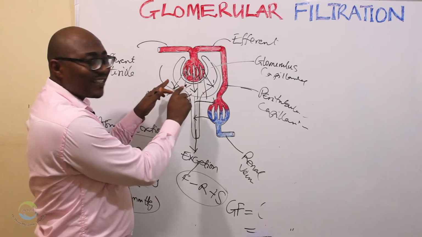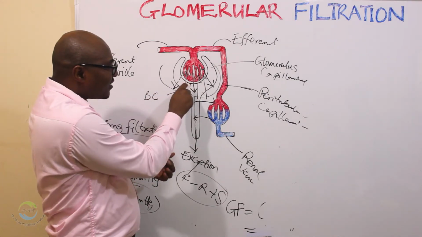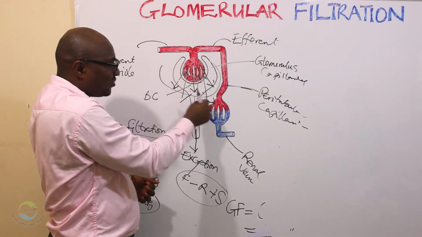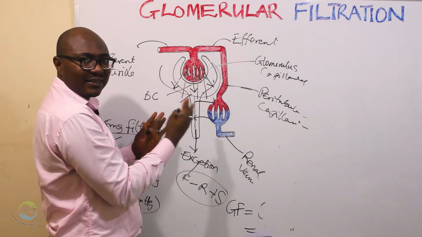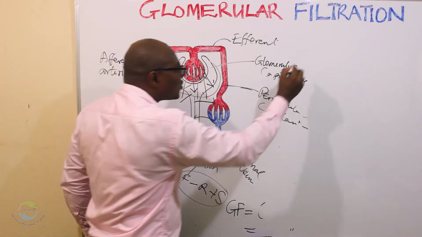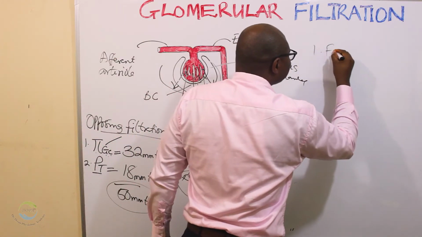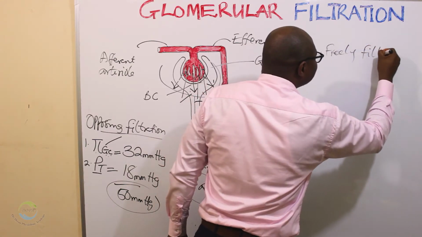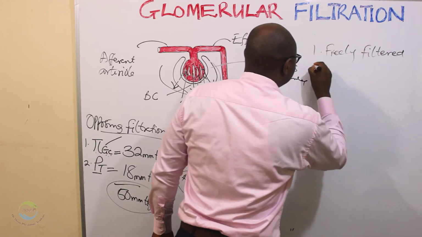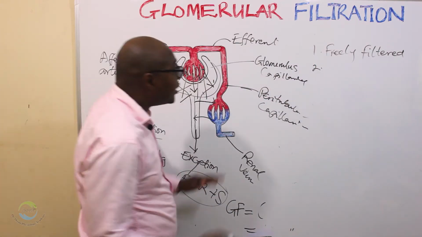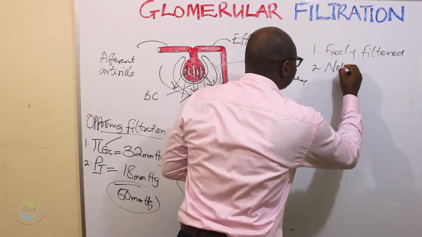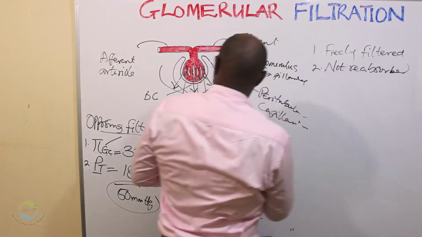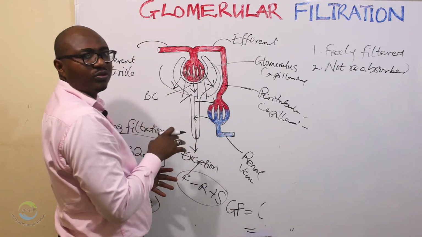But in the case of glomerular filtration rate, we are only interested in what enters here. We are not interested in anything else. So that substance must, number one, be freely filtered. Number two, it should not be reabsorbed, because reabsorption will decrease it.